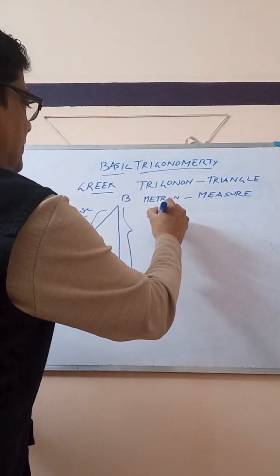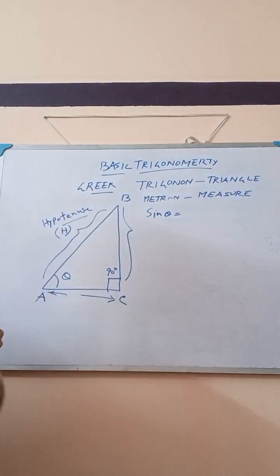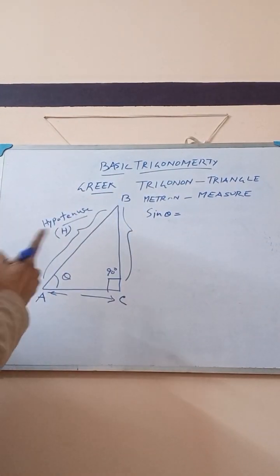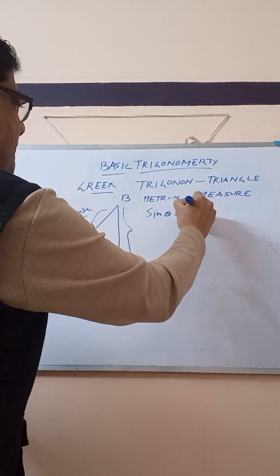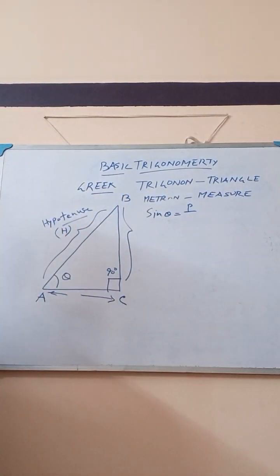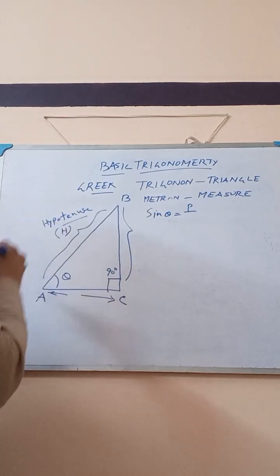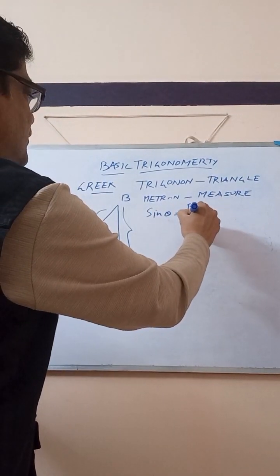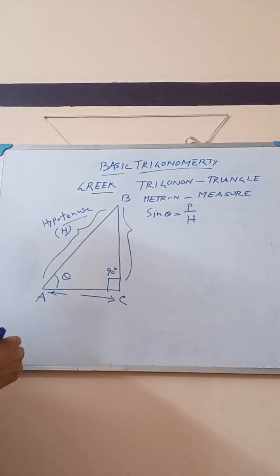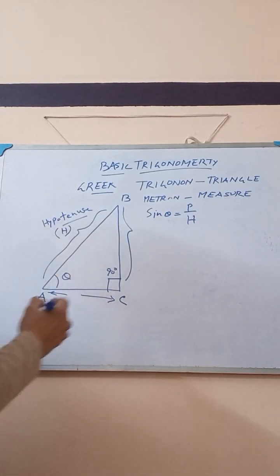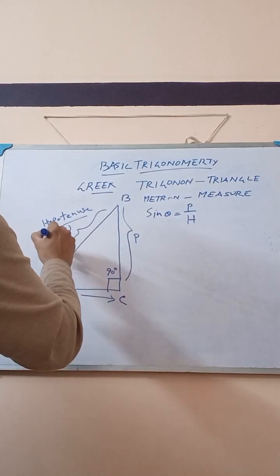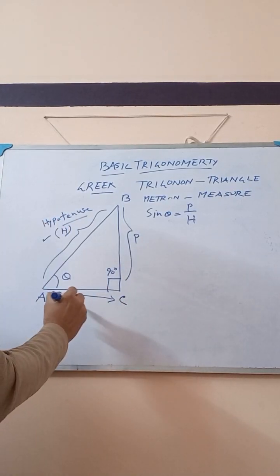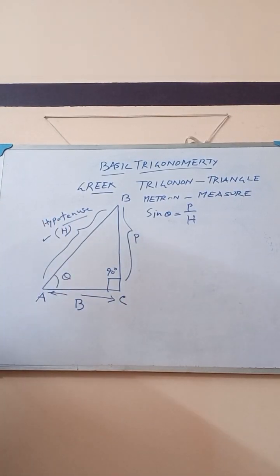Now what is sine theta? Sine theta is perpendicular, that means BC, divided by hypotenuse, that means P by H. I am not writing BC and AB. Instead, I am writing this is P, this is H, and this one is B. So sine theta is P by H.